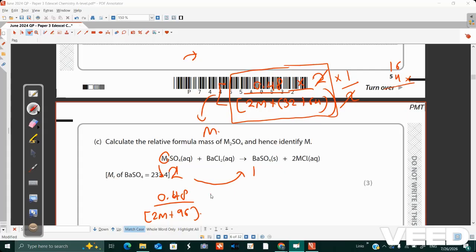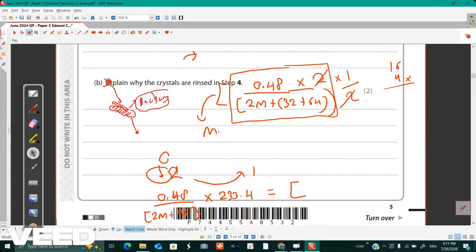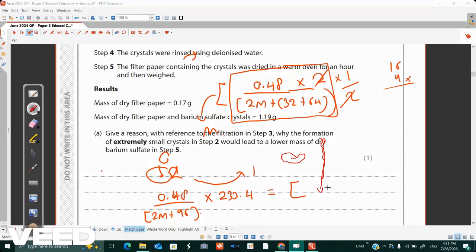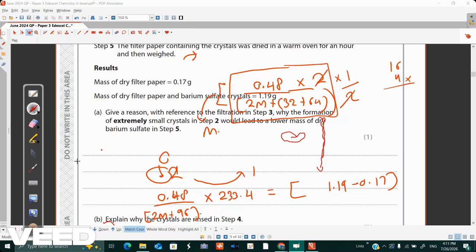The number of moles of barium sulfate multiplied by the relative formula mass of barium sulfate, which is 233.4, is equal to the precipitate you have obtained. The precipitate you have obtained is 0.19 minus 0.17. Okay, so you just have to make M the subject, right?